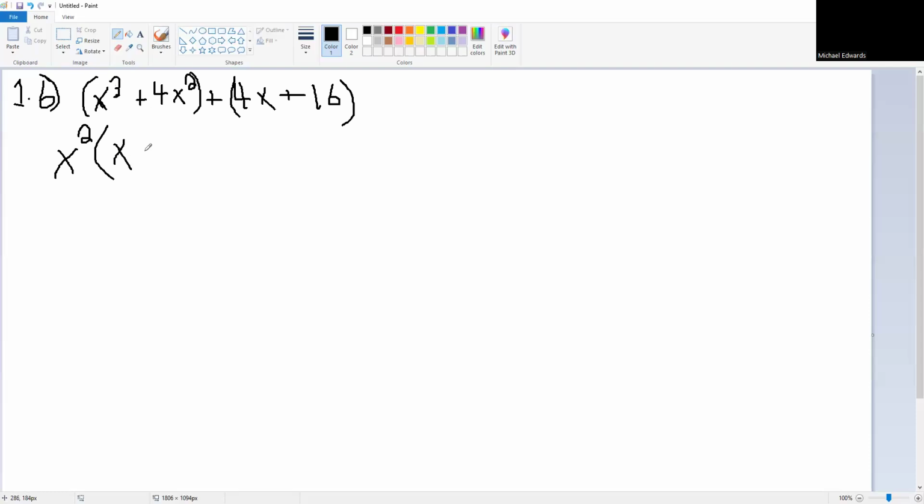That gives me an x plus 4, and the x squared gets removed. Plus, and then we write our different one, this one. Now, I see that we have a 4 and a 16. I know 4 goes into 16. So if we pull the 4 out, we write the x plus, and 4 goes into 16, 4 times.